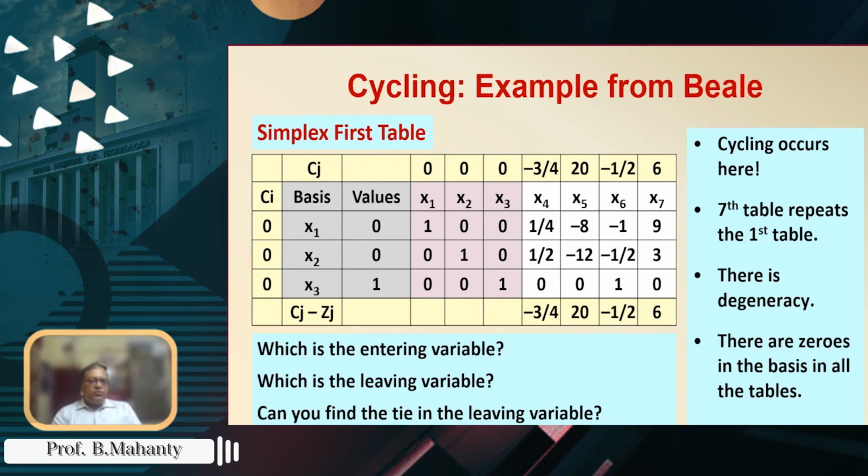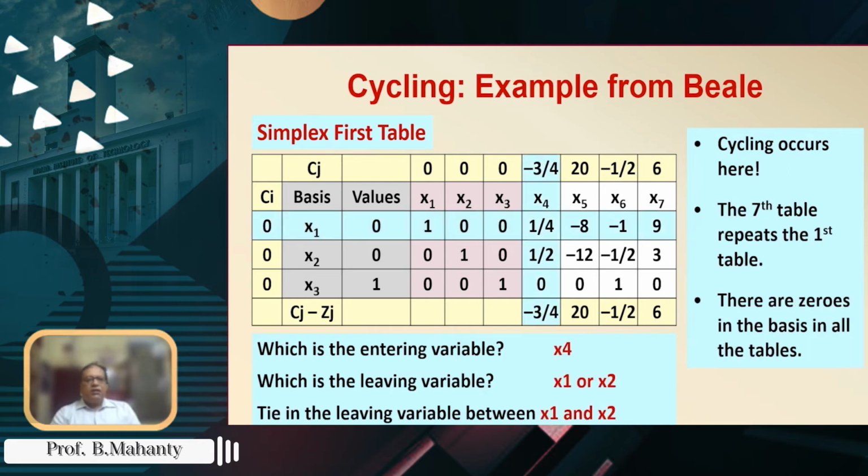And which variable should be leaving? There is a tie between x1 and x2. Isn't it? One of them has to leave. So exactly this is what is seen: x4 is the entering variable, and there is a tie in the leaving variable between x1 and x2. There is a tie because both are 0, so 0 by anything becomes 0.